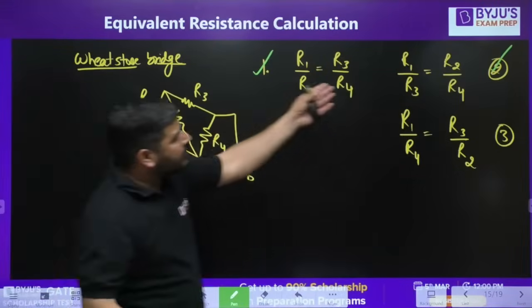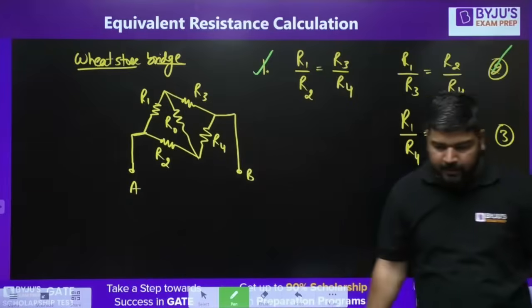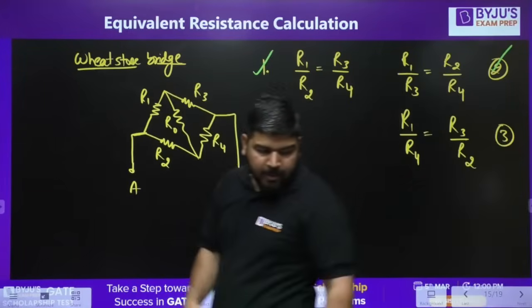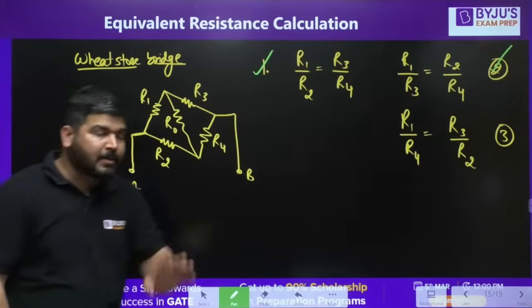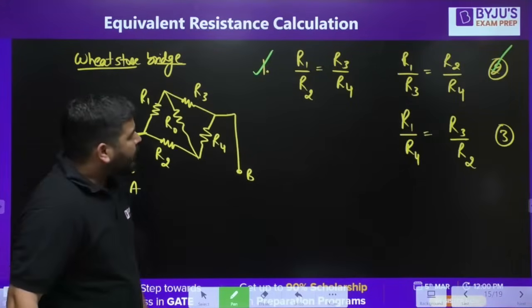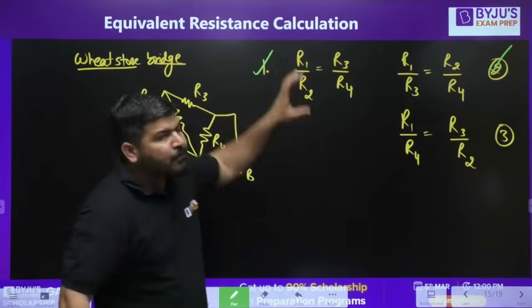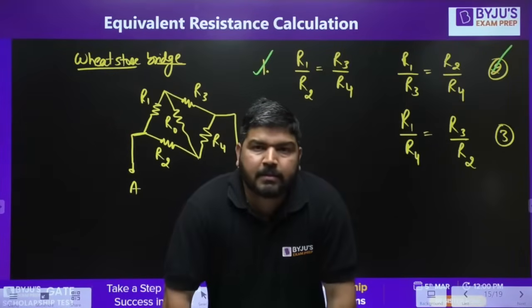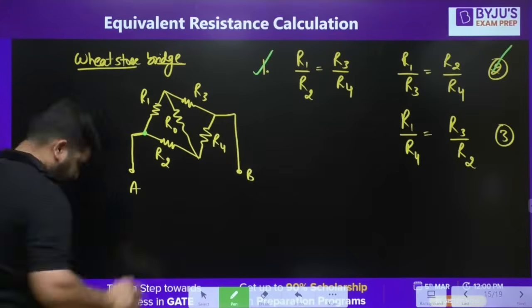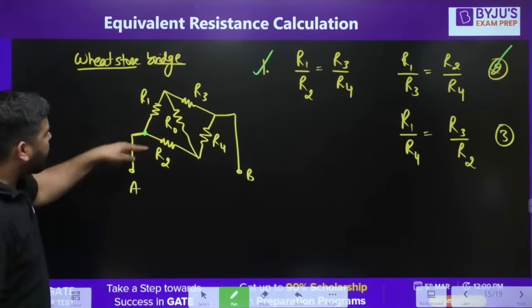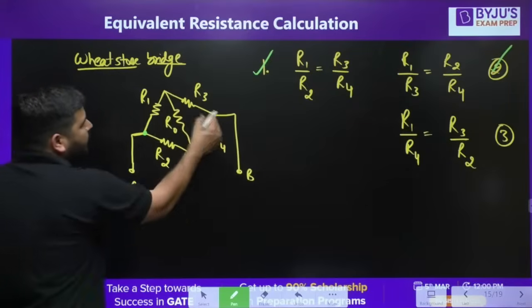Now why these conditions are true and how to remember them? It's very simple. What you can do is always take the ratio of connected resistances. R1 and R2 are connected at this point, and R3 and R4 are connected at this point.